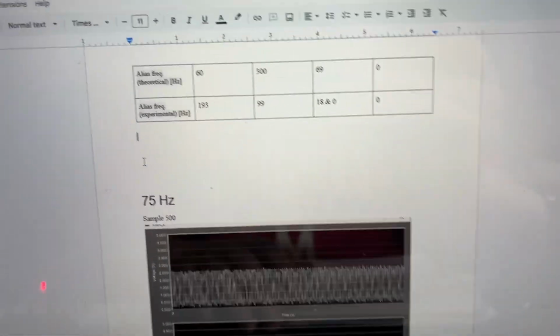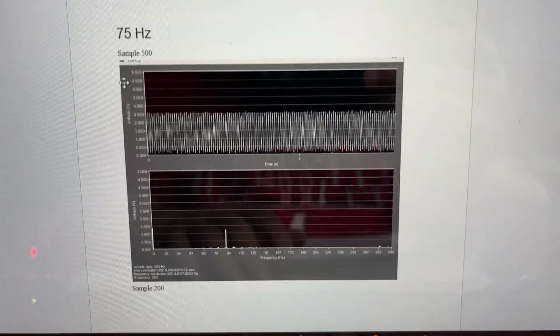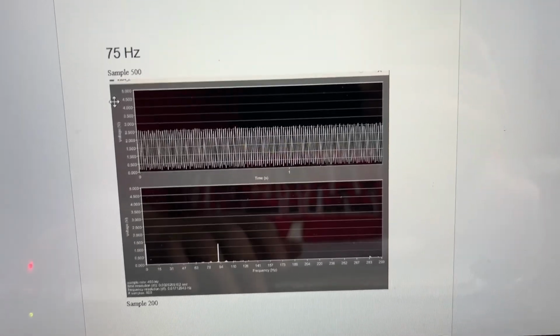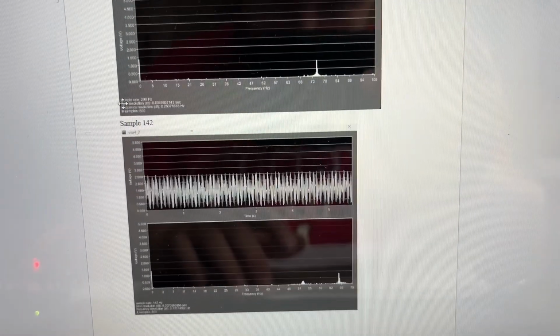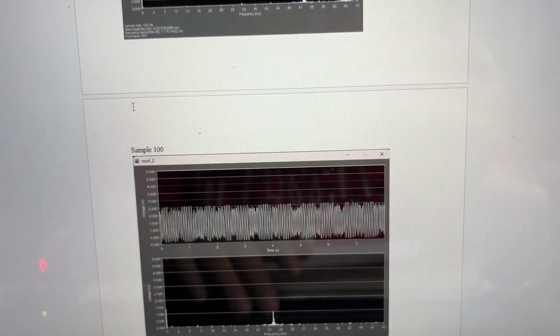So here are each of my screenshots. So this is for the 75 hertz signal, sampling at 500 hertz, 200, 142, and 100.